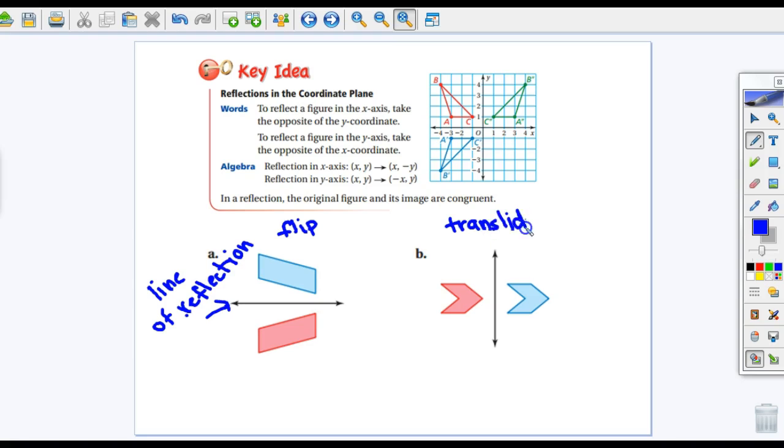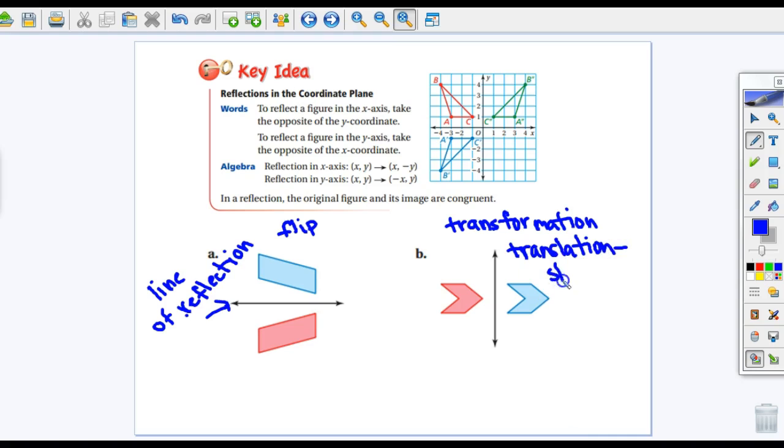In both of these instances, the original does not change its shape or its size, so they are still congruent. This transformation is a translation.